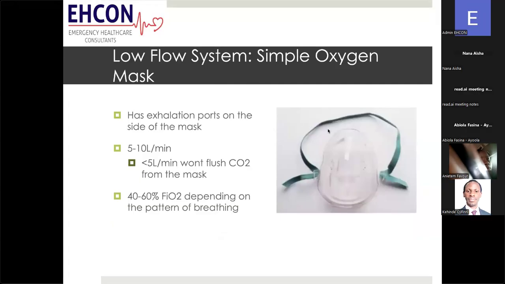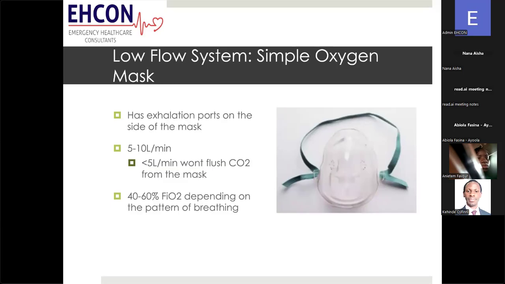Another example of another low flow system is the simple oxygen mask. This is what I'm showing you here. This area here usually connects to some tubing to your cylinder. It has exhalation ports on the sides of the mask here that you can see. The flow rates on this go anywhere from about 5 to 10 liters maximum. Actually, when you're using a simple oxygen mask, you really need to make sure that you have your flow rate dialed up at least to 5.